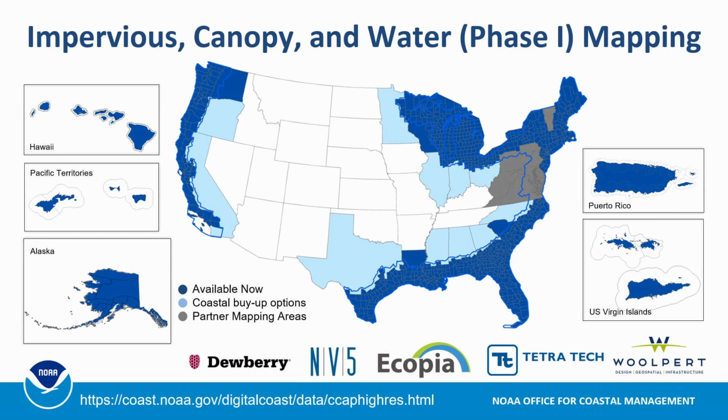So, you know, we're just concerned with North Carolina, but this is our phase 1 mapping that is available now. So that dark blue, everything is available now, for those 3 classifications. Other coastal buy-up options, which North Carolina did, you can see North Carolina is not on that map, but we'll get to another one that shows what is going on.